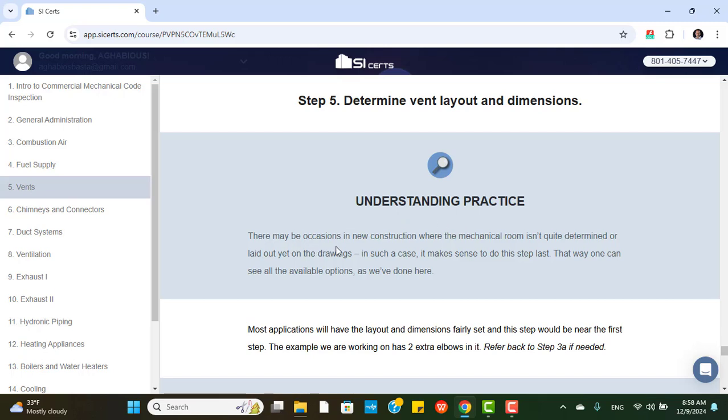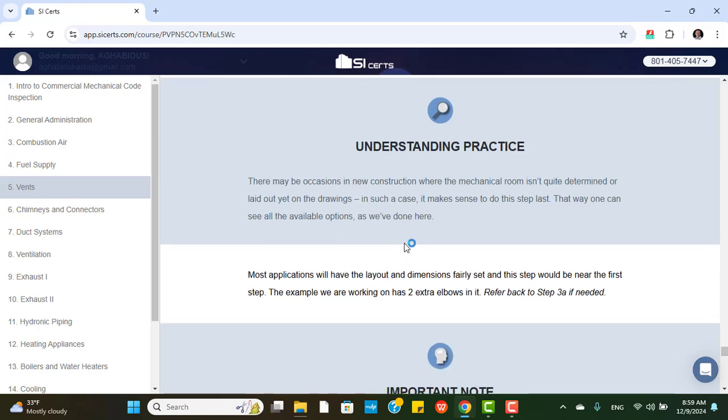There may be occasions in new construction where the mechanical room isn't quite determined or laid out yet on the drawing. In such cases, it makes sense to do this step last. This way, one can see all the available options as we have done here.